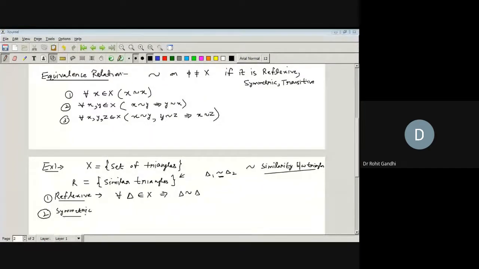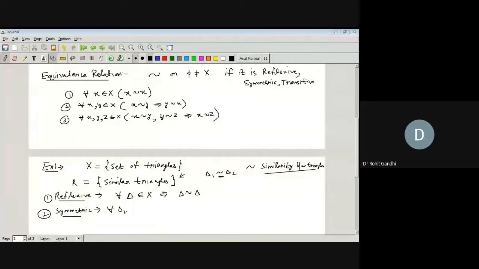Yes, कौन बताएगा? Raise your hand, hurry up. Yes, Anchal. हाँ जी आंचल, बोलो. Sir, it has symmetry. क्यों? Why बेटा? सर जो x है वो y के similar है तो y भी x के similar होगा.